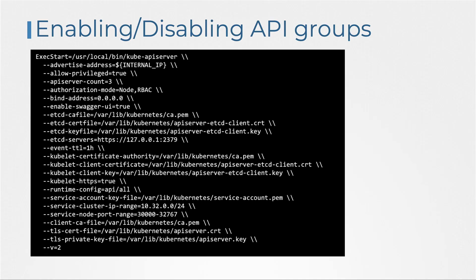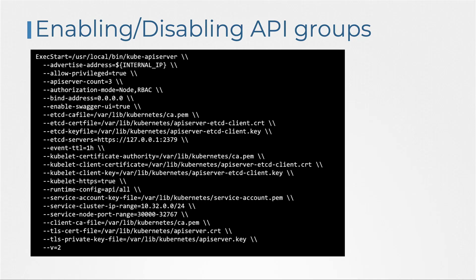So to enable or disable a specific version, you must add it to the runtime-config parameter of the kube-apiserver service. For example, we talked about a number of alpha APIs earlier, and since these APIs are not enabled by default, you will not be able to create objects for them.